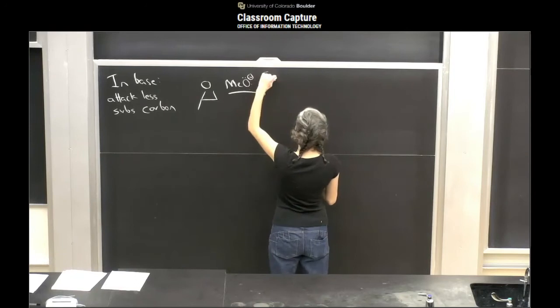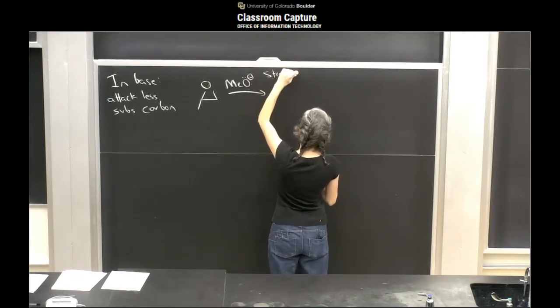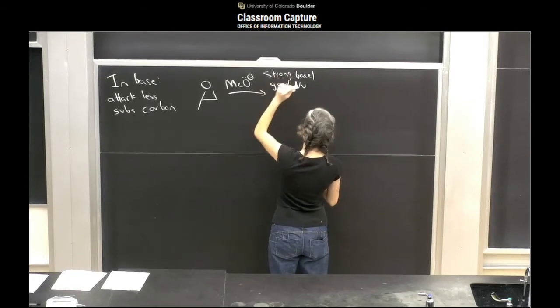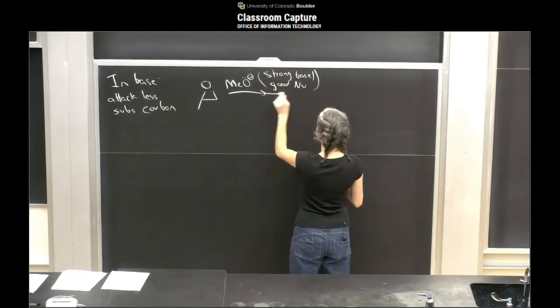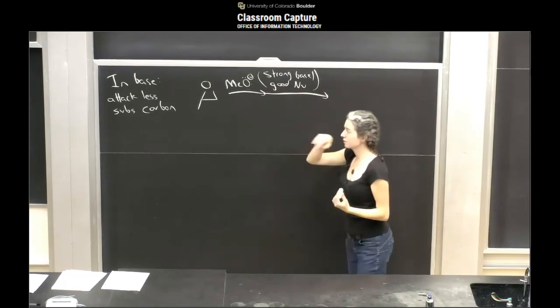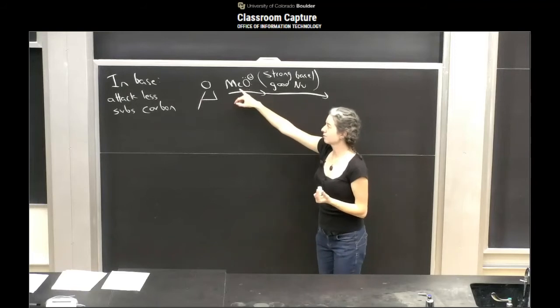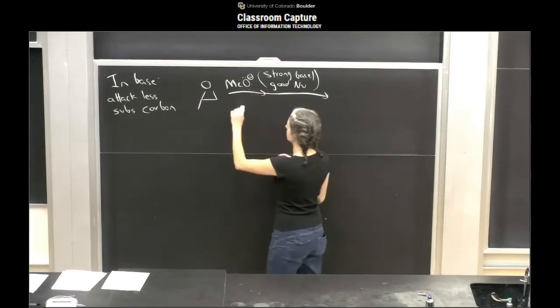So, in other words, strong base, good nucleophile, but usually we're also going to throw in the conjugate acid of that strong base. So in this case, we would throw in MeOH as our proton source.